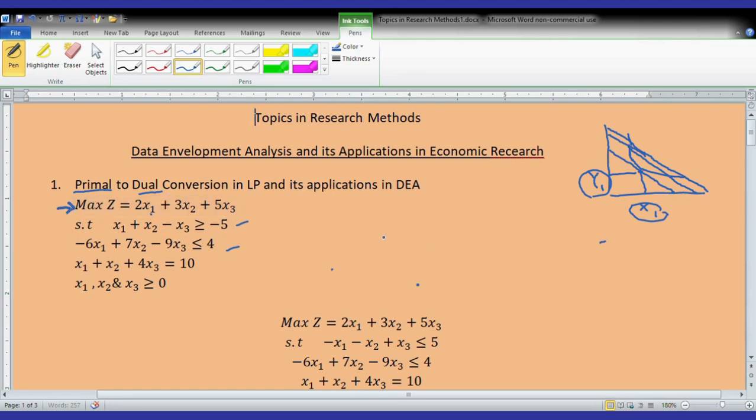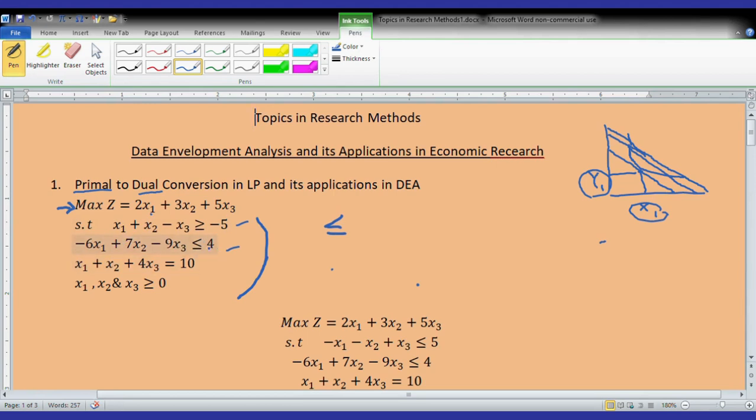In the context of linear programming, all the constraints for maximization problems should appear in equal to or less than format. So every constraint individually should have a sign of equal to or less than.